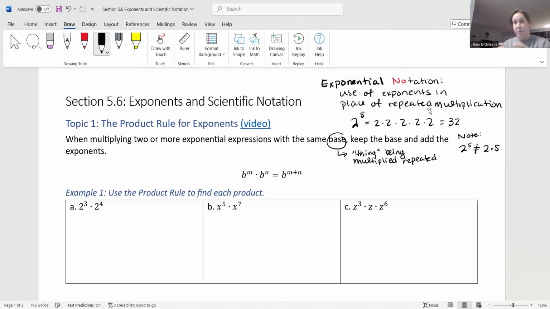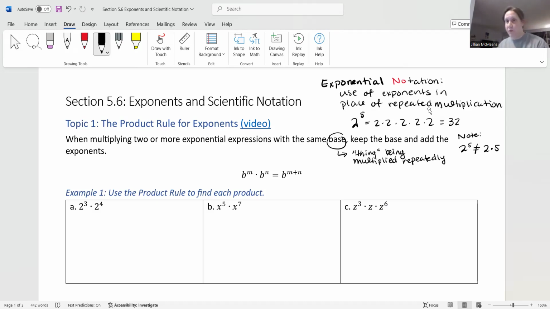So if you have 2 expressions that have the same base, even if the exponents are different, we can easily combine them. The way we do that is we keep the base and we add the exponents, the exponent being that little number in the corner, which tells us how many times to multiply our base.